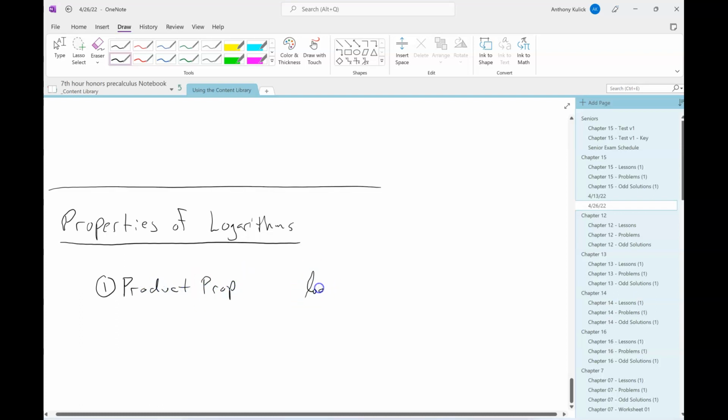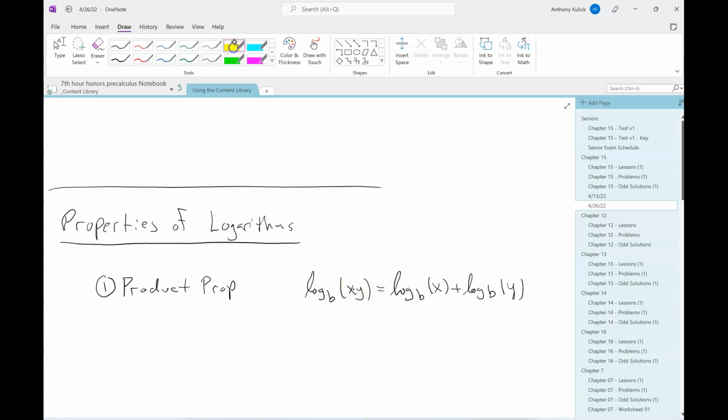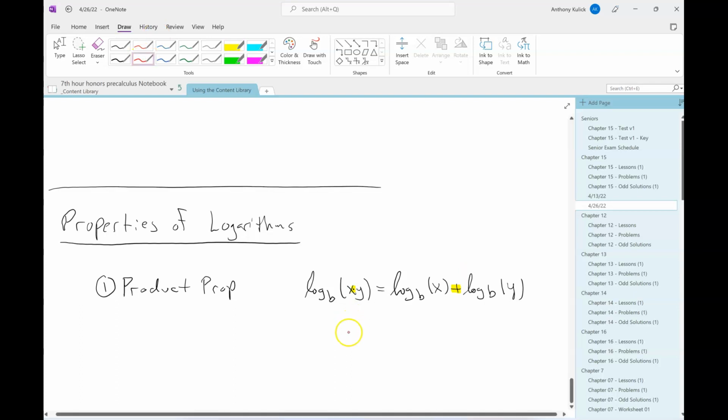And this says that log base b of xy is equal to log base b of x plus log base b of y. And now this looks a little odd, right? Notice that multiplication inside the logarithm is turning into an addition outside the logarithm. And you might say, boy, that seems strange, Mr. Kulik. And I would say, not so much.